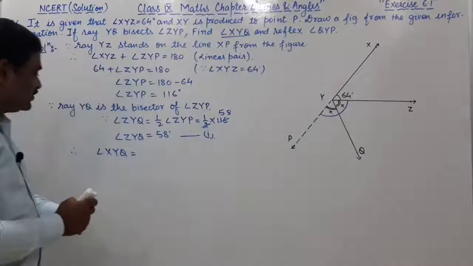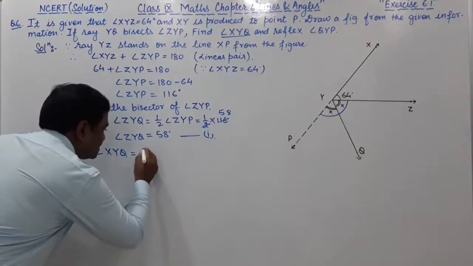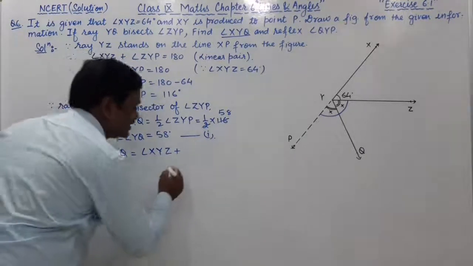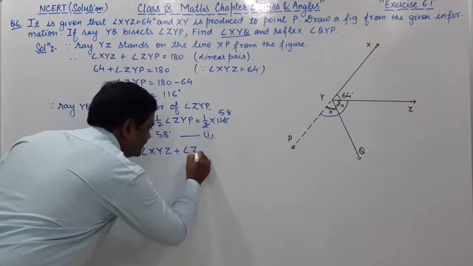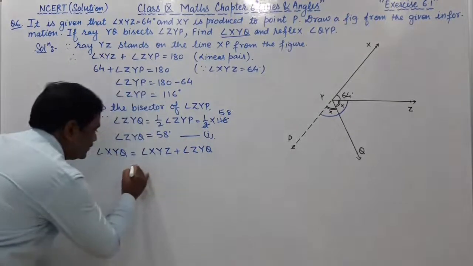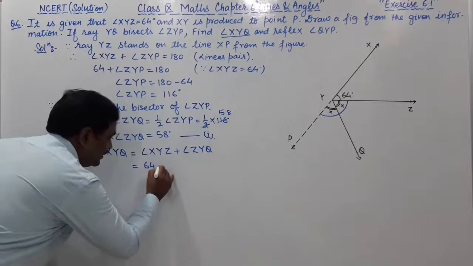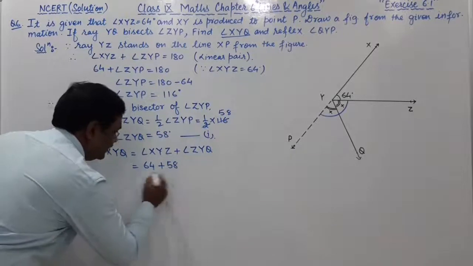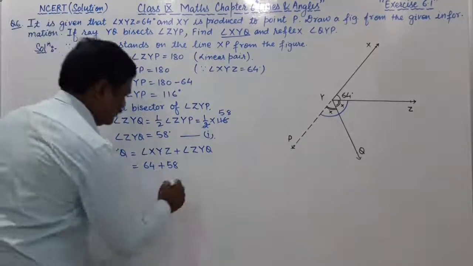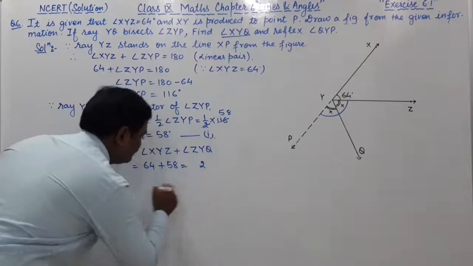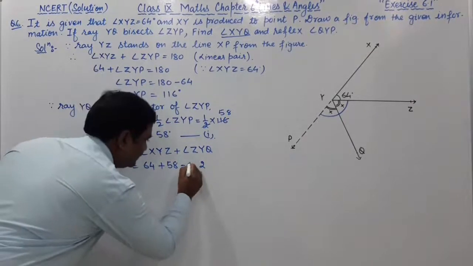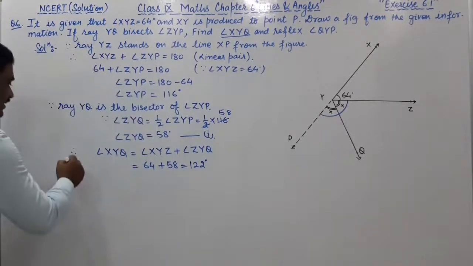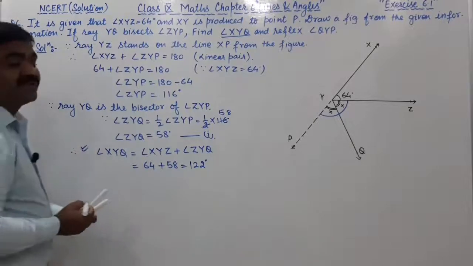So this XYQ can be written as angle XYZ plus angle ZYQ. Measure of XYZ is 64 degrees plus measure of angle ZYQ is 58 degrees. So find the sum of this. 8 4 12, 6 6 12. 122 degrees is the measure of angle XYQ.